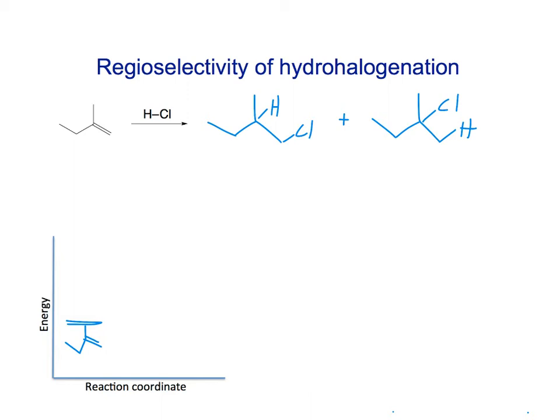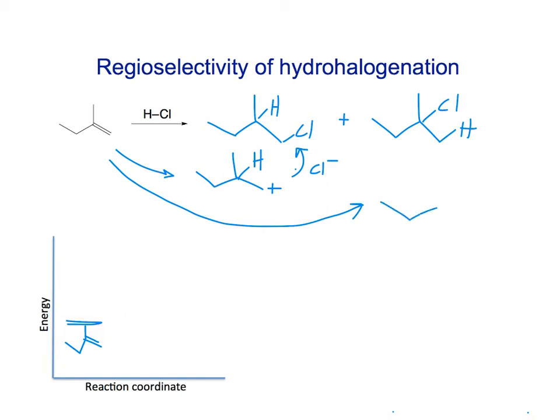We can either protonate on the 2 position, which would be here to form this carbocation, and this would lead to the first product that I drew. Alternatively, if the end carbon was protonated, it would form this carbocation, which could then generate the second product.